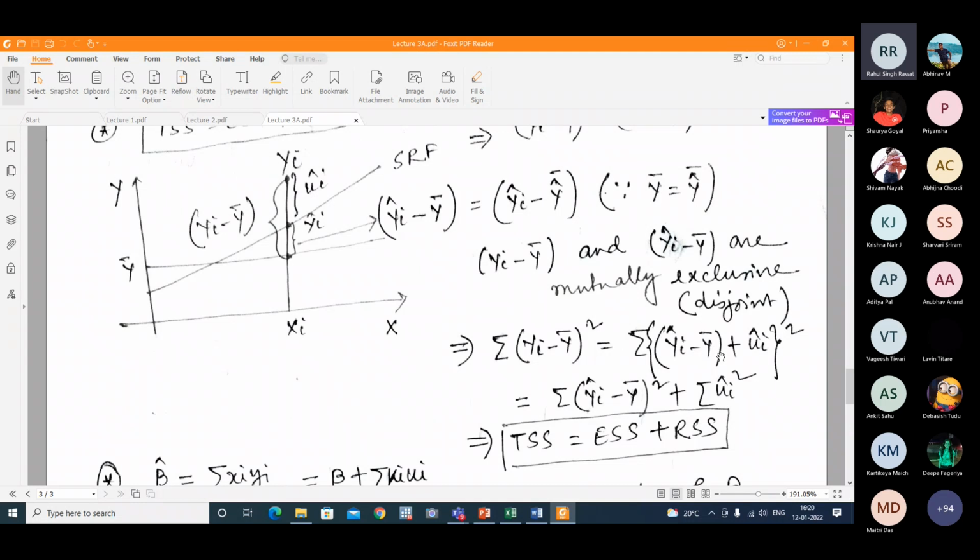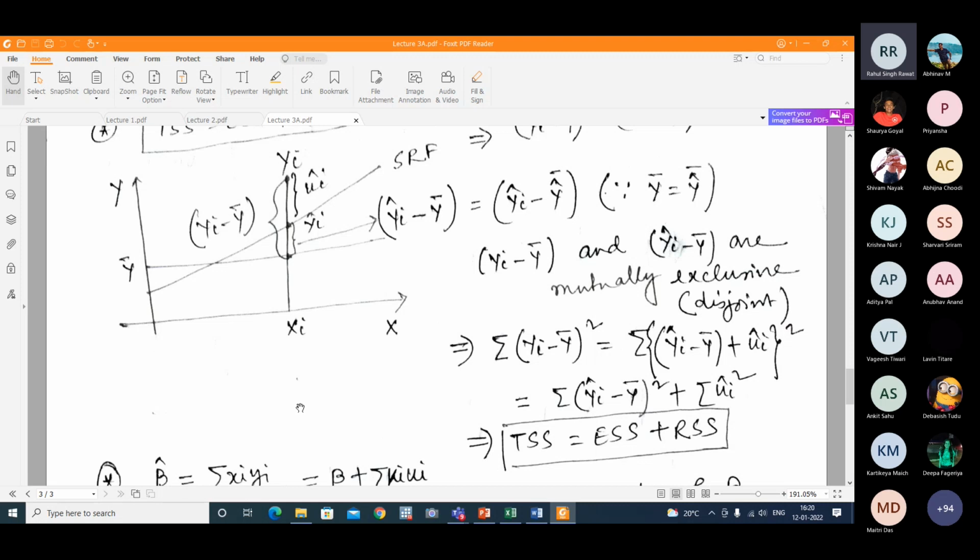So I will have y bar into summation of u hat i, and summation of u hat i is 0, that already we have seen. So now both the components will be cancelled out. Okay. So that can be proved mathematically, and also you can argue from this diagram. Yeah, understood now. Thank you, sir.